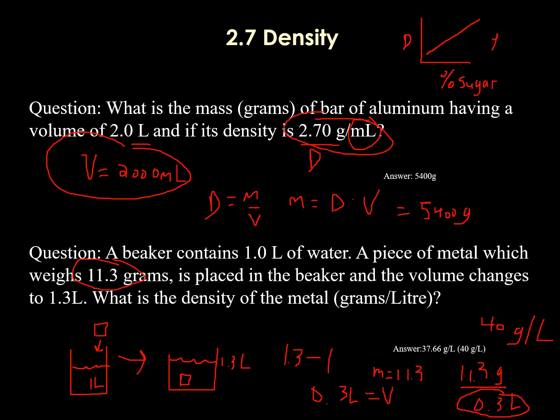You can use the equation y equals mx plus b, which is the equation of a line. When you get your unknown, you're not going to know the x value, which is sugar, but you will know its density. So you'll know the density, the slope of this line, and the y-intercept, and hopefully you can manipulate the equation to find the percent sugar concentration of your unknown.